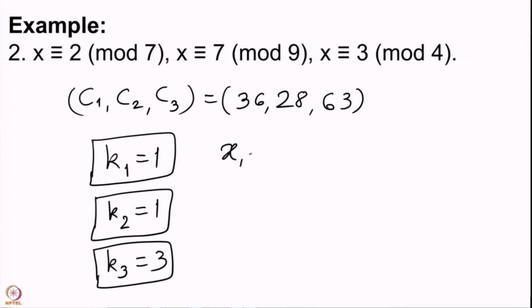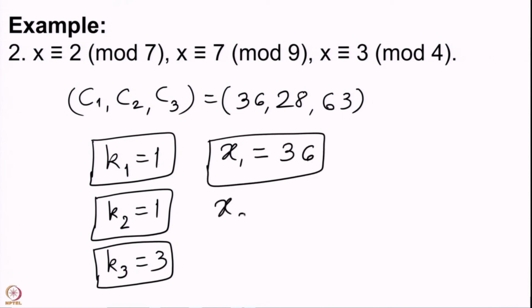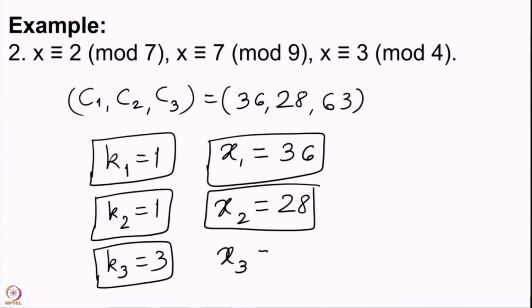Remember, x1 is C1 K1, x2 is C2 K2, and x3 is C3 K3. So, x1 is 36 into 1, therefore, this is 36. x2 is 28 into 1, so that is simply 28, and x3 is going to be 63 into 3. I hope you have your multiplication tables with you, it gives you the number 189.